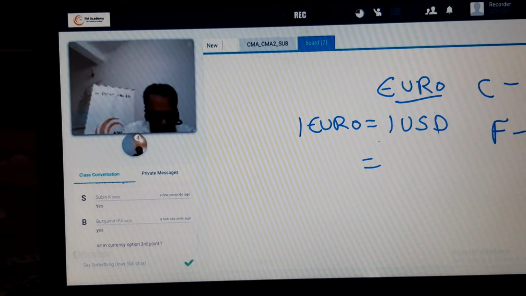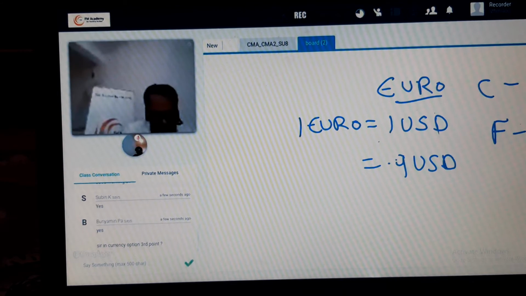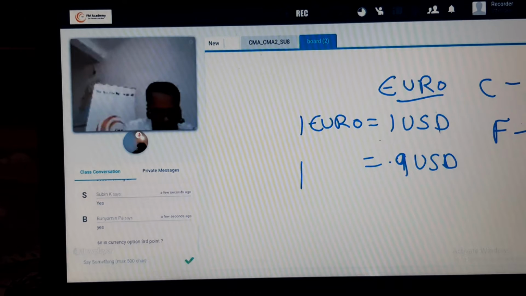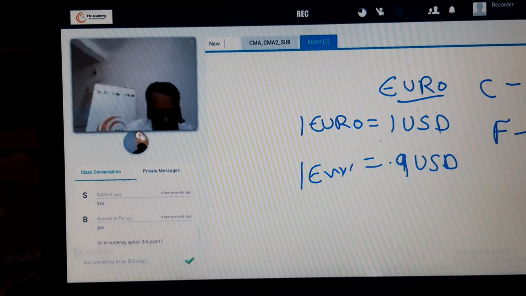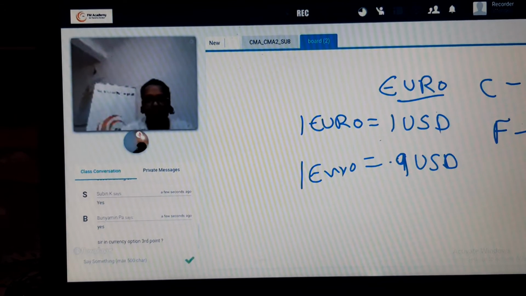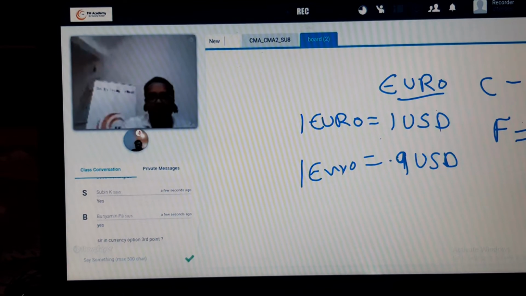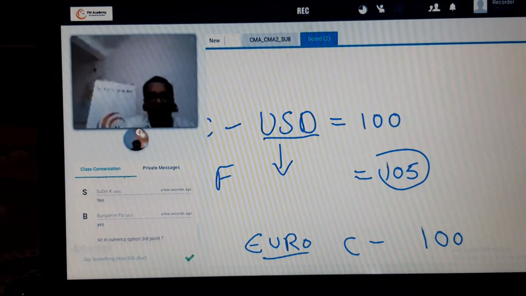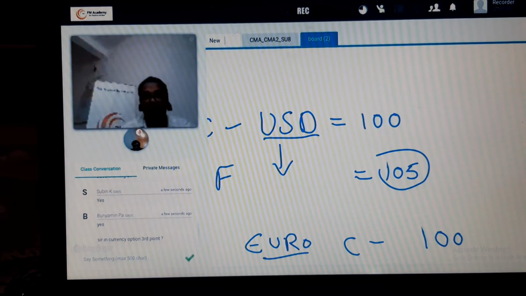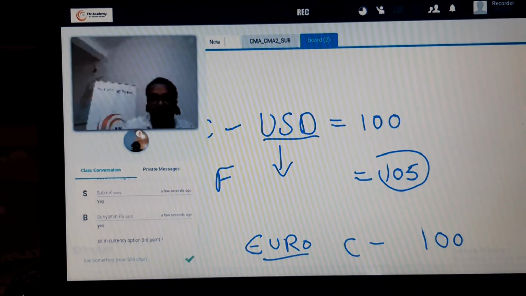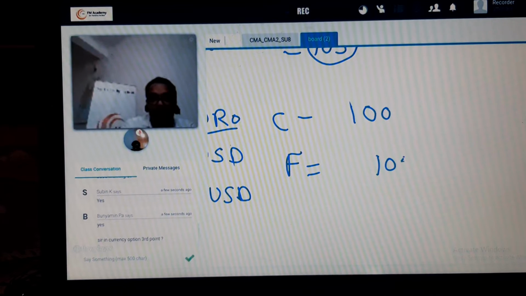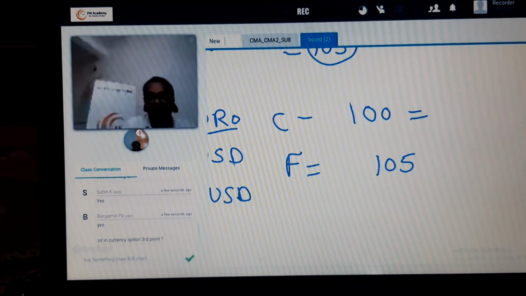So instead of 1, it will be $0.9. €1 will become 0.9. So now what you are supposed to do? Your price is 100 currently, but in future it will be 105.